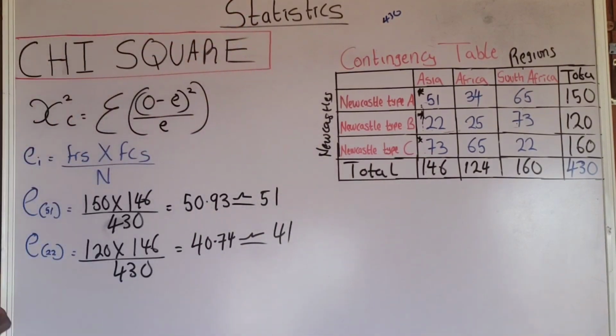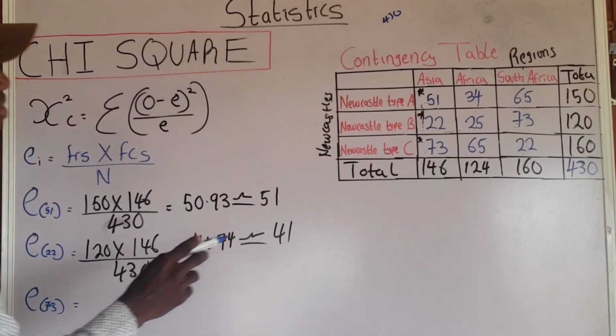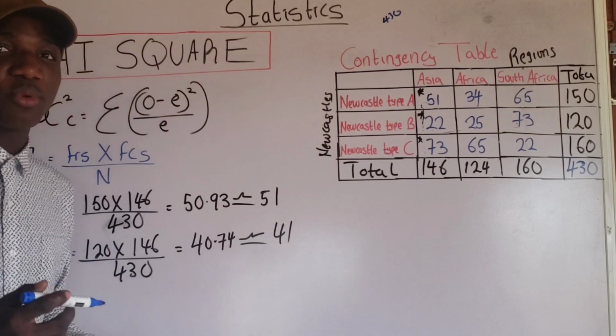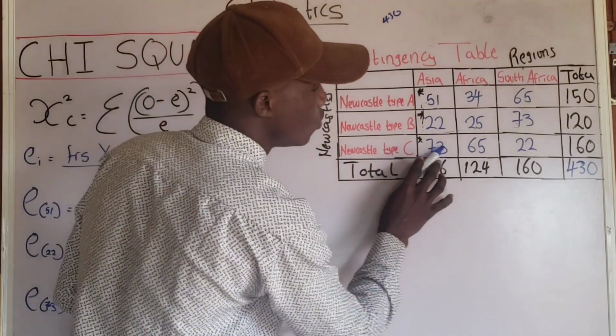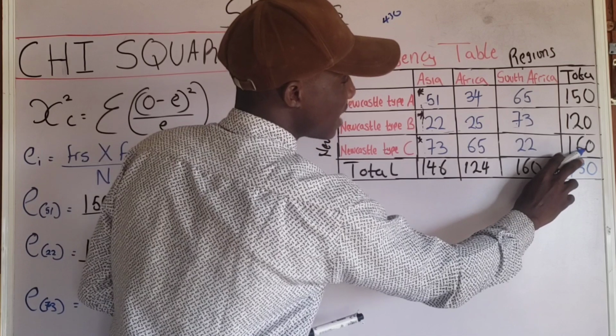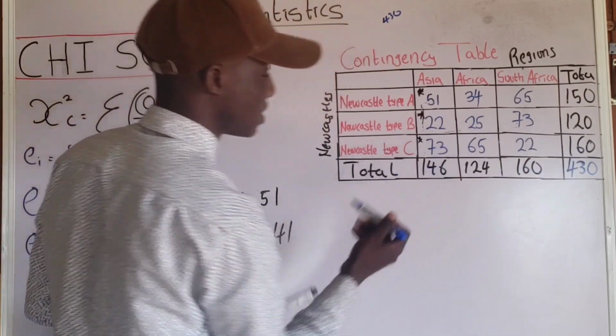Expected value of 73. Now that will be the frequency of the row summation which 73 belongs to. You are going to trace 73 to the total along the row, that is 160, and to the column, that is 146.